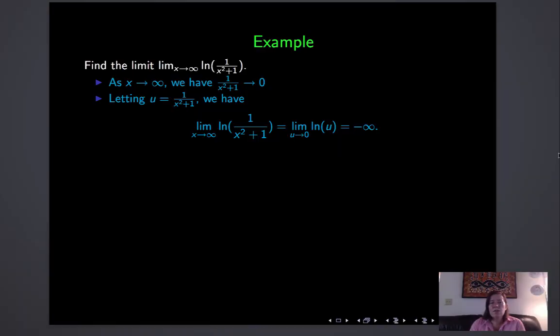Now this limit we already know; it doesn't really matter what we call the variable. The limit as u goes to 0 of the natural log of u has to be minus infinity from our previous deductions.